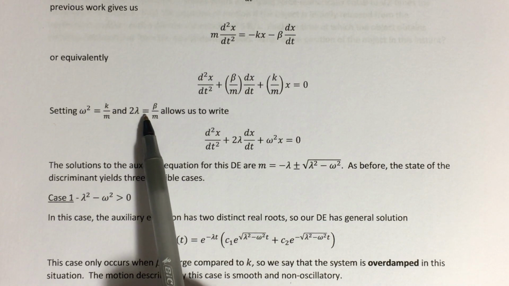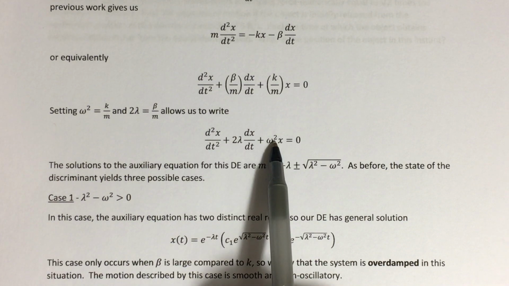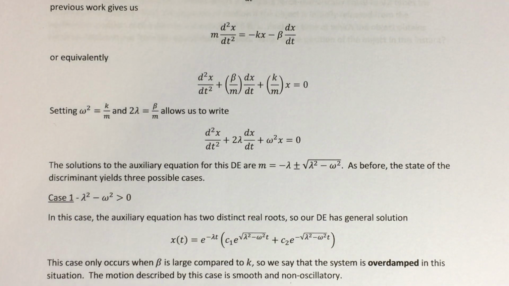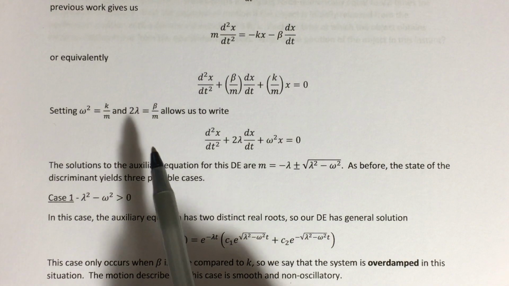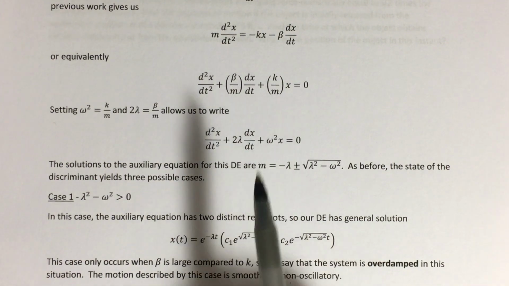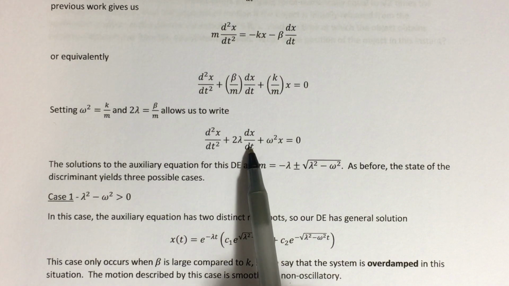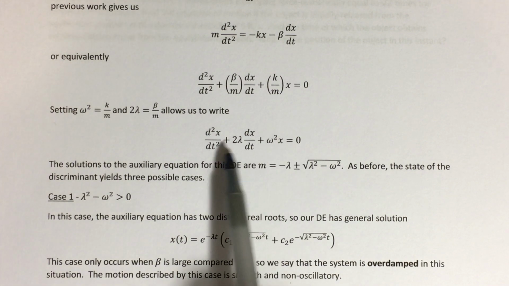I could just call it lambda, but by including the 2 here, once I solve the auxiliary equation using the quadratic formula, the answer just comes out simpler looking. It just makes things a tad simpler algebraically for us. So I can rewrite this as the second derivative of x plus 2 lambda times the first derivative of x plus omega squared x equals 0.